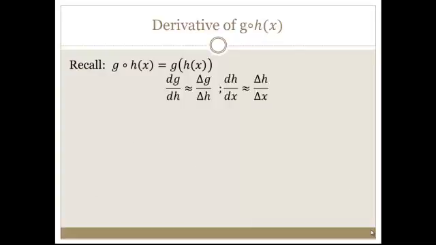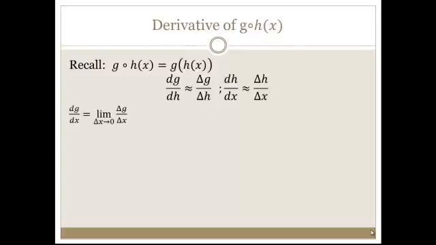Using that the derivative of g with respect to h is roughly the change in g over the change in h, and the derivative of h with respect to x is roughly the change in h over the change in x, we can compute the derivative of g with respect to x, which is the limit as delta x goes to 0 of the change in g over the change in x.